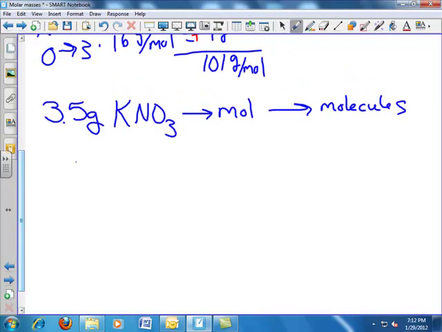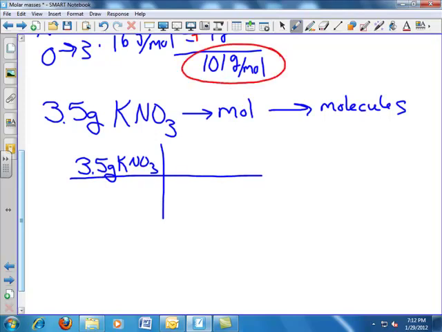And so we're going to start my tea box with 3.5 grams of KNO3. In my first tea box, I'm going to put the molar mass, okay, which we just calculated right there. But I got to get it into this tea box correctly. I'm going to have to put 1 mole all over 101 grams, and that's of KNO3. Okay, and to do that, see, now my grams cancel.